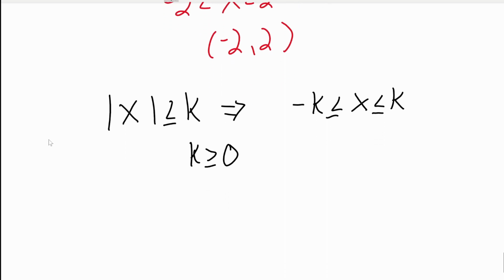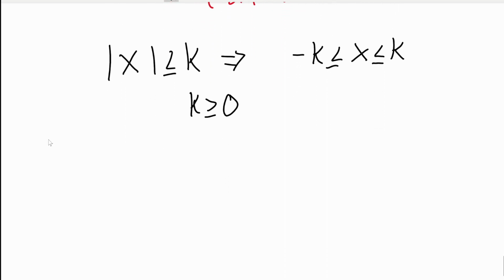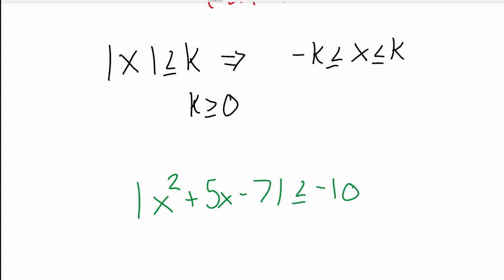Sometimes you might get a question that is trying to trip you up, where it might say, solve the absolute value of x squared plus 5x minus 7 is less than or equal to -10. And you might look at this and go, well, I have no idea what to do. It doesn't really matter, because this can't possibly have a solution.